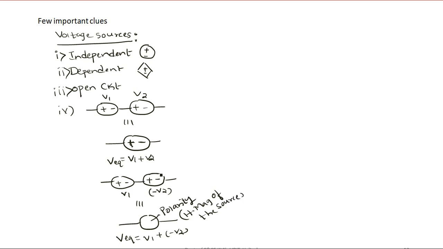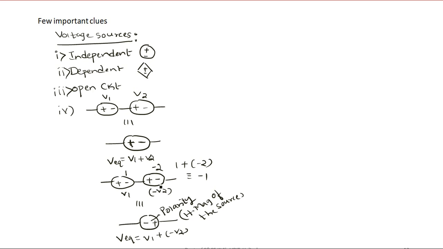Okay, so that means what? Suppose this is 1 volt and this is 2, that is minus 2. Then 1 plus of minus 2 will result in what? Minus 1. So polarity will change in that case.